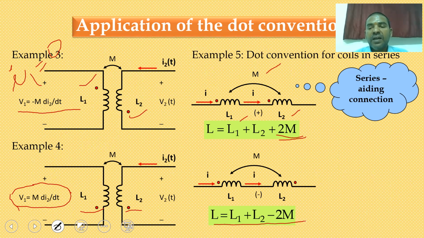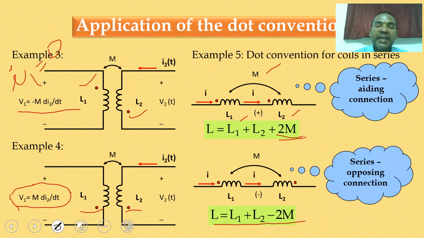You can call this series opposing. For aiding, the mutual inductance must be taken with respect to two dots, either both starting or both ending. Mutually opposing means of the two dots, one is a starting point and the other is an ending point, or in the second case, one is an ending point and the other is a starting point; that mutual inductance is negative.